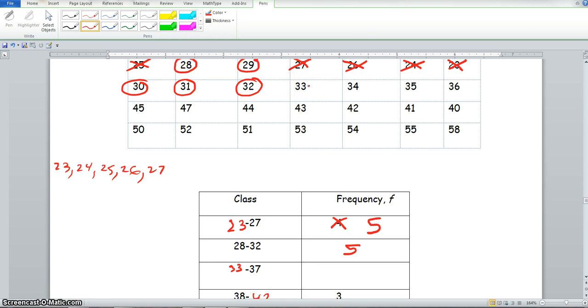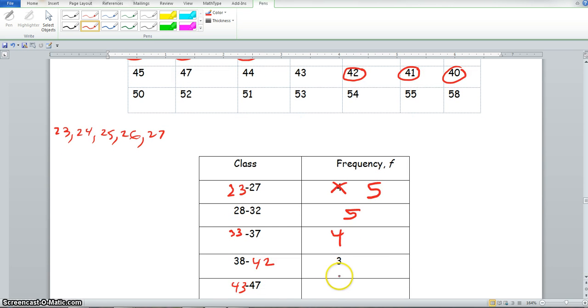I'll just put a little dash by each one. Okay, this takes care of 33 through 37, which is 4. Now 38 to 42. Now I'll circle these, 42, 41, and 40. And that's it. That's 3.